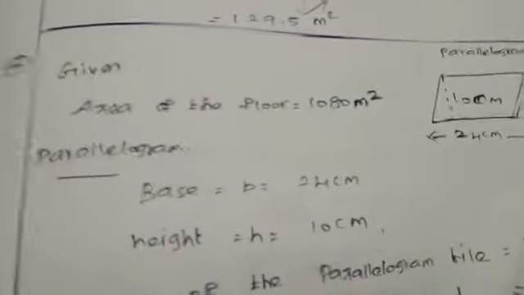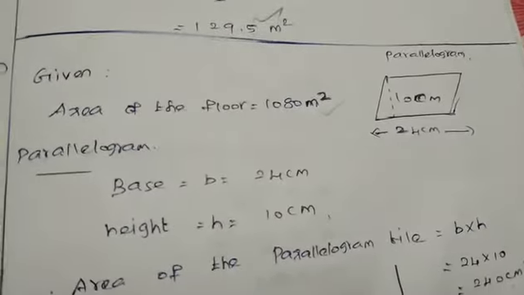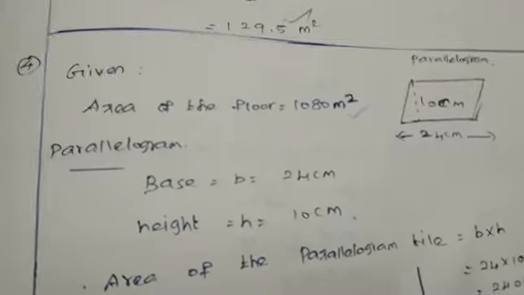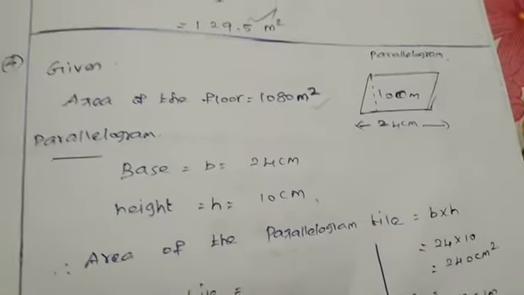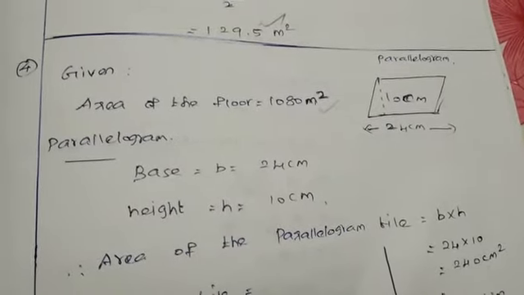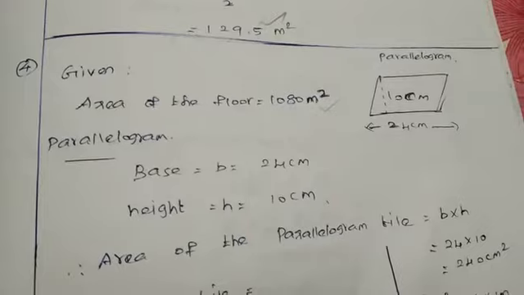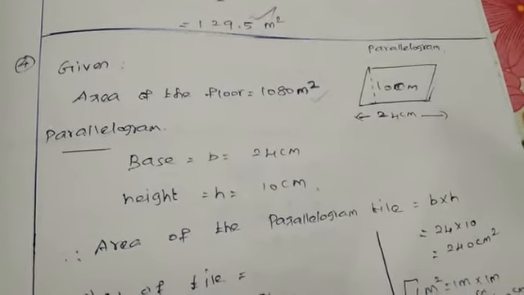Now the tile's area we need to find. Here a parallelogram shape is given, and the area of the floor is given, 1080. So how many tiles are needed to cover the area? For that we use the area of the room divided by the area of the particular tile, which is the number of tiles. This is the idea.